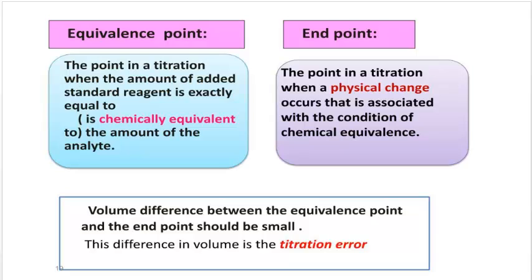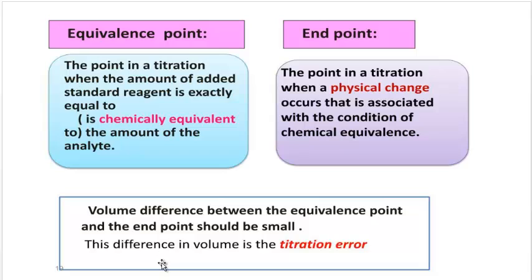Equivalence point: the point in a titration where the amount of added standard reagent is exactly equal to, is chemically equivalent to, the amount of the analyte. Endpoint: the point in a titration where the physical change occurs that is associated with the conditions of chemical equivalence.